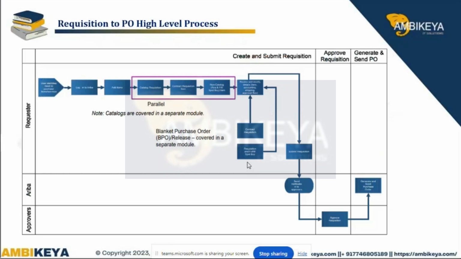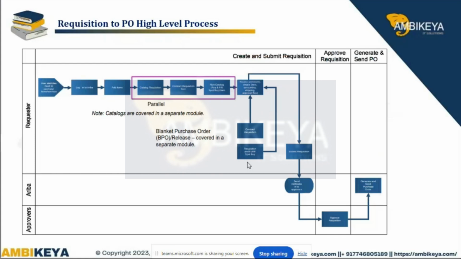Okay, this is the high level process flow of requisition to PO in SAP. We will have a separate purchase requisition. Then how will you create the purchase order? With reference to the purchase requisition you create a purchase order, or through MRP you are able to create it, or through a sales order you create a purchase order. But here you need not create the purchase order manually.